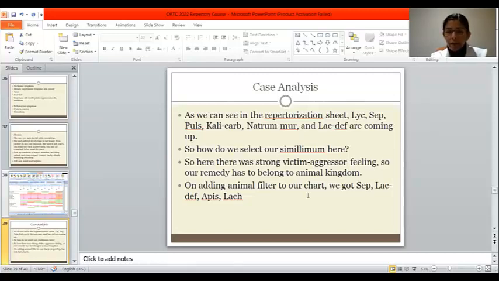According to the kingdom analysis, we know that where there is a strong victim and aggressor feeling, it has to belong to the animal kingdom.